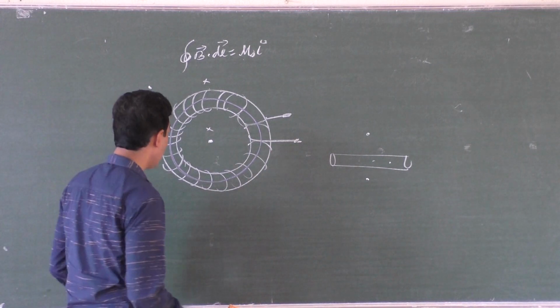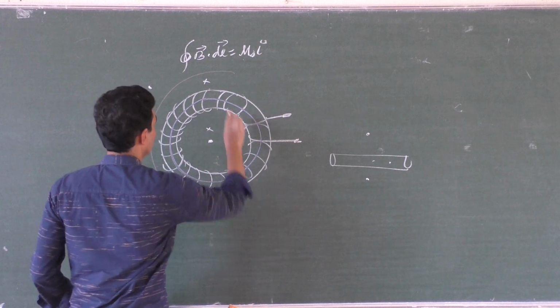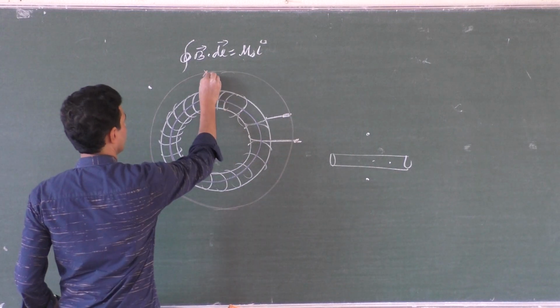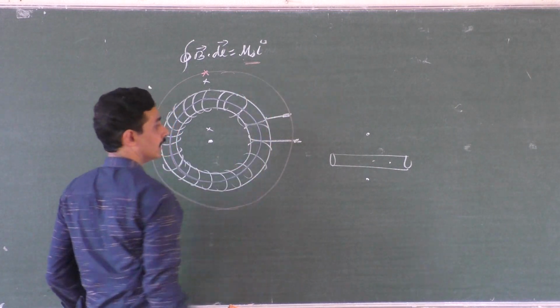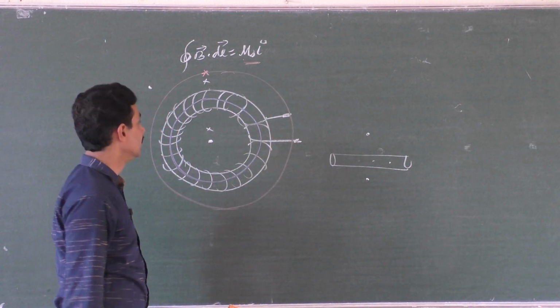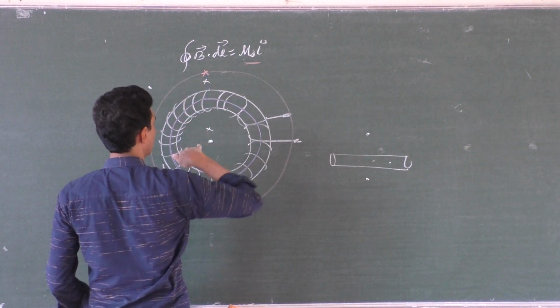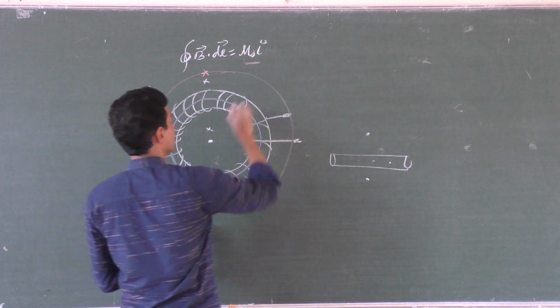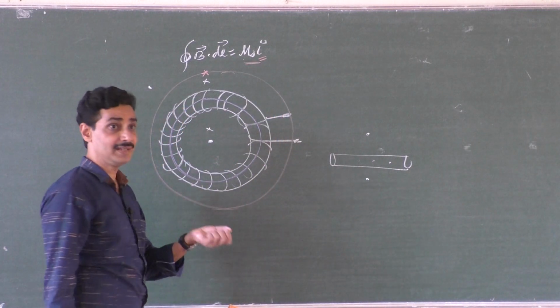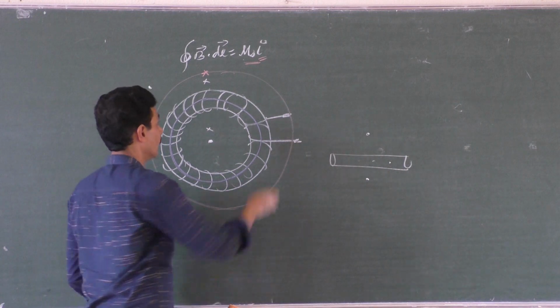Now, if you consider an Amperean loop here, with this point covering here, what happens? This part of the formula becomes 0. Why? Because as many turns take the current out, the same number of currents go in. So if this is the Amperean loop, net current enclosed by the area within the loop is 0.